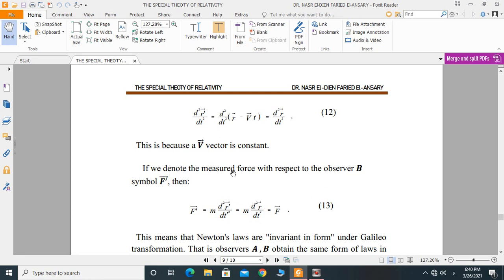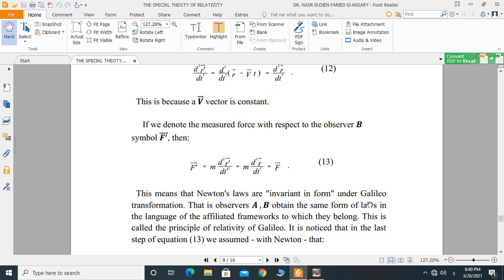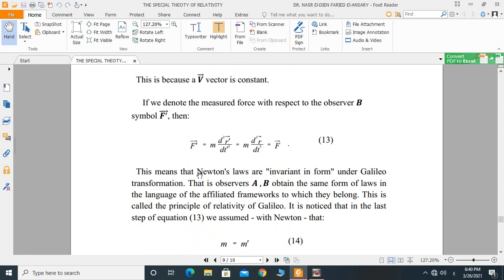And if we denote the measured force with respect to the observer B by f dash, then f dash equals m d2 r dash by dt dash square, which equals m d2 r by dt square, which equals f. And this means that Newton's laws are invariant in form under the Galileo transformation.